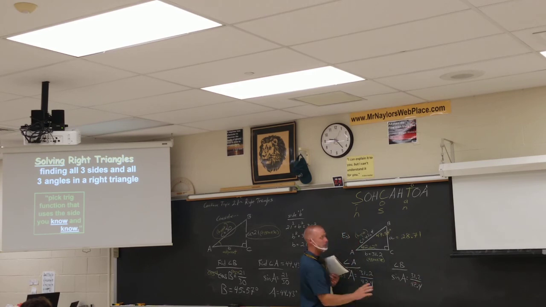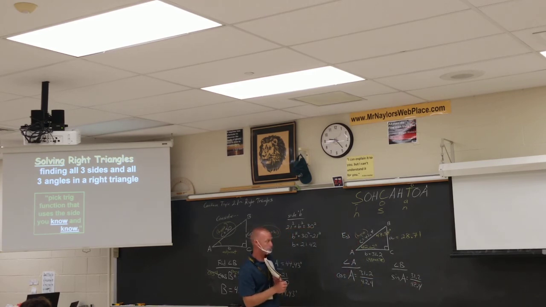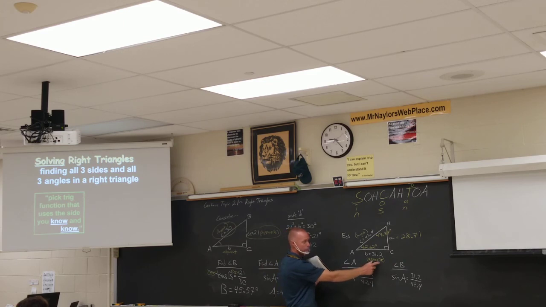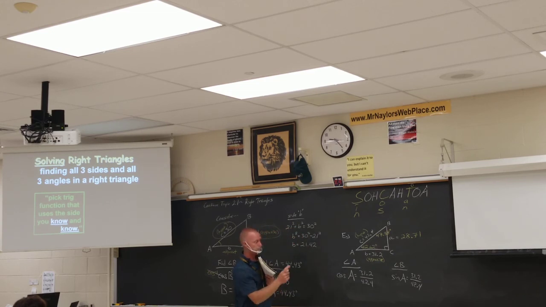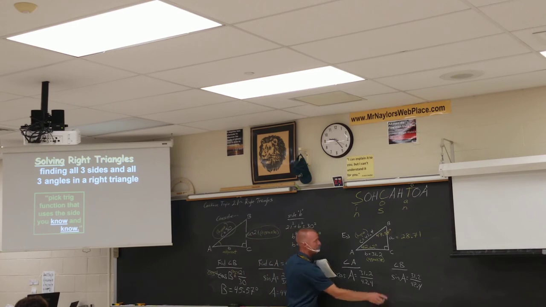It does change depending on which angle you're looking for. So I changed this side from adjacent to opposite, or vice versa. And then just do the inverse of those. If you do the inverse, you end up with the answers that I already put up here.